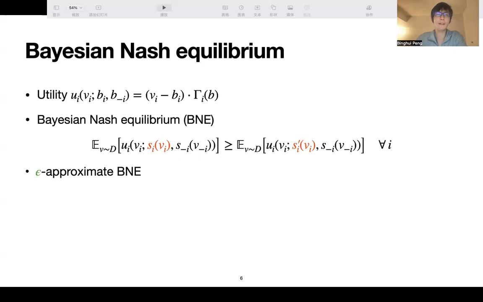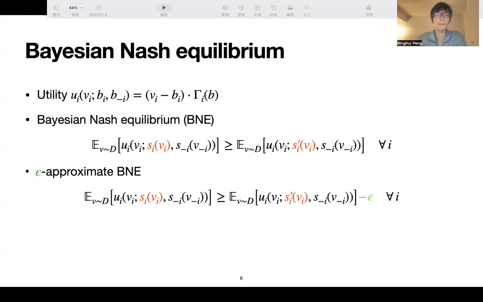One can similarly define an approximate Bayesian Nash equilibrium. That is, no one has incentive to deviate from its current strategy, given other players' strategies are fixed, up to an additive factor of epsilon. Here we would normalize the input and assume the valuation distribution is supported between 0 and 1.